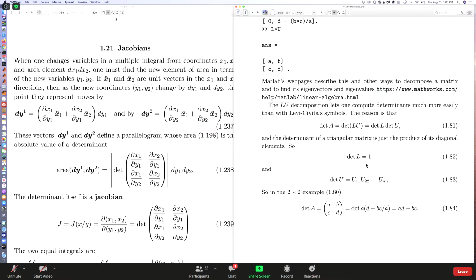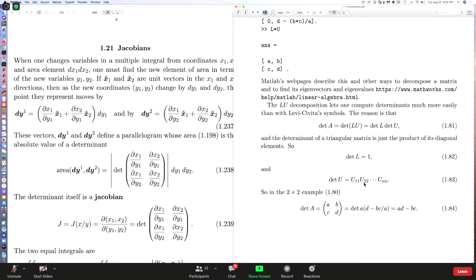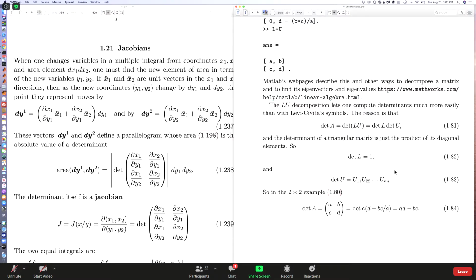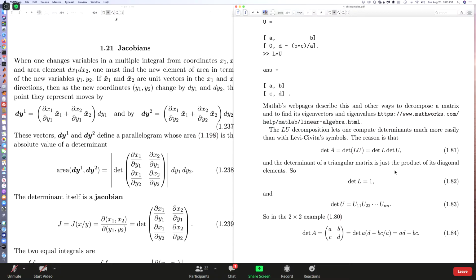Well, that works in n dimensions. So the determinant of U in n dimensions is just the product of the diagonal elements of U. So there one has, instead of computing n factorial terms, imagine you have a 20 by 20 matrix and you do the LU decomposition.